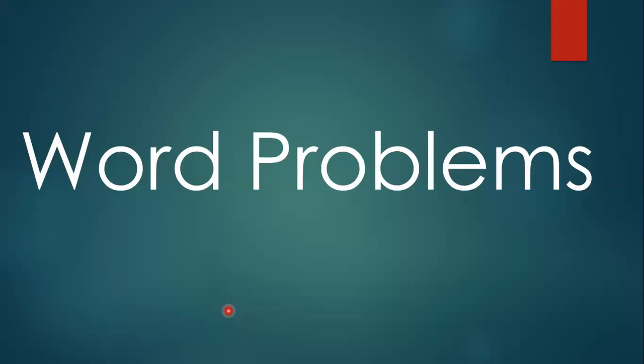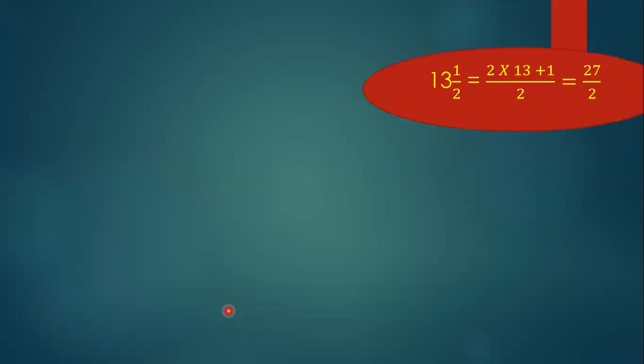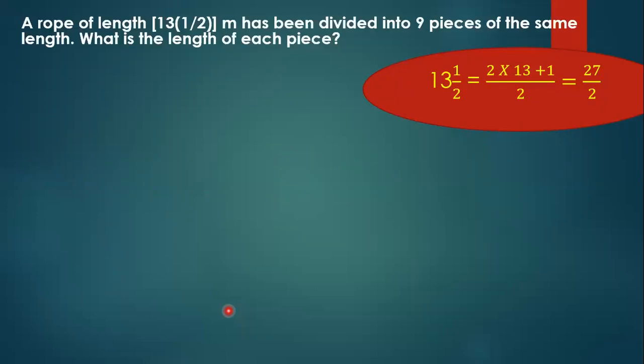Make sure that if there is a whole number 15, its reciprocal will be 1 by 15. If there is a mixed fraction, you'll have to convert the mixed fraction into an improper fraction, and then only you can solve the problem and find the reciprocal. Now children, read this question.